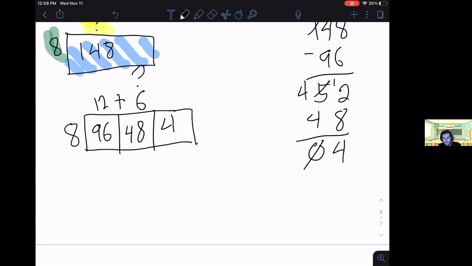Can 8 go into 4? Not exactly. So we know that the 4 is going to be a remainder. Let's highlight that in pink so we don't get confused when we're adding up our yellows, our whole numbers that are multiplied. So we have 12 plus 6. 12 plus 6 is 18.